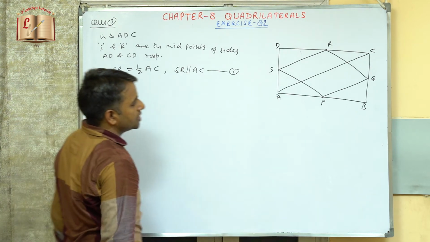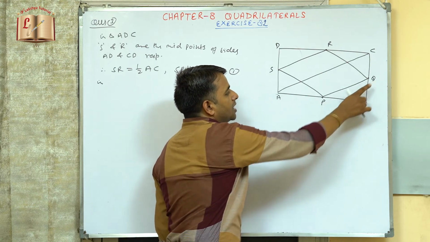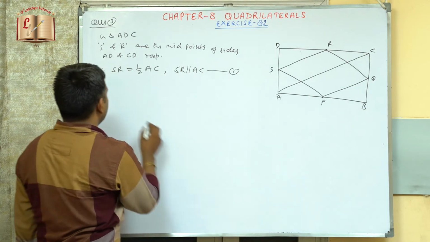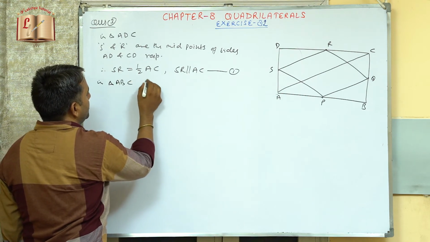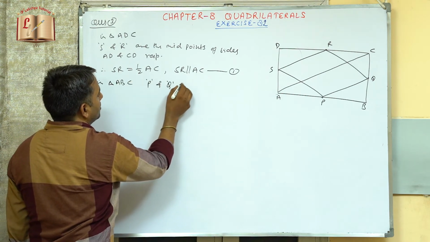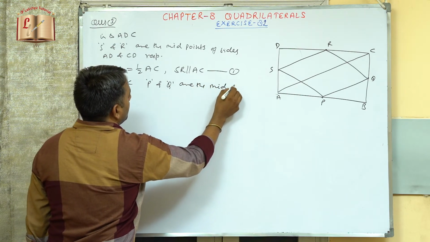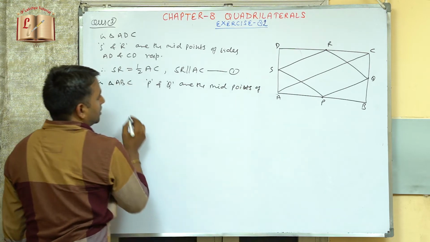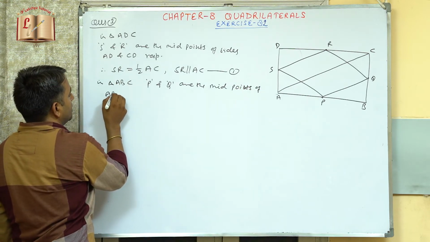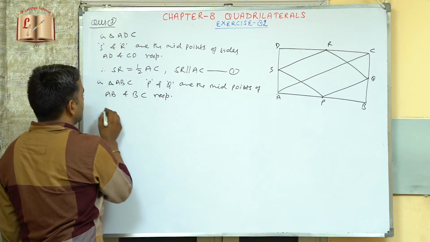Similarly, in triangle ABC, P and Q are the midpoints of AB and BC respectively.